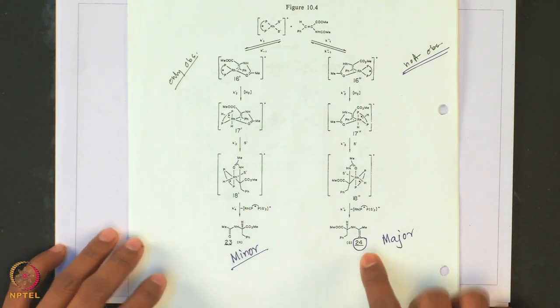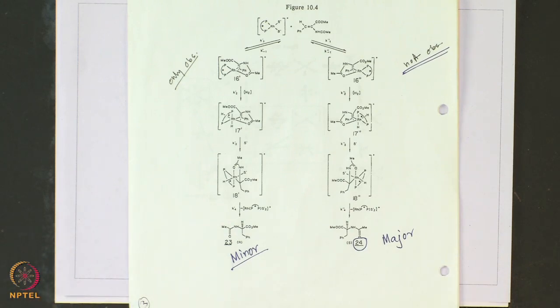So, 16 prime will be converted to 16 double prime, and then 16 double prime is going to give you the product formation. This is what roughly is the Curtin-Hammett principle, where equilibrium in terms of the intermediate will be the key factor, whereas the corresponding transition state will dictate which intermediate should give you the product formation.